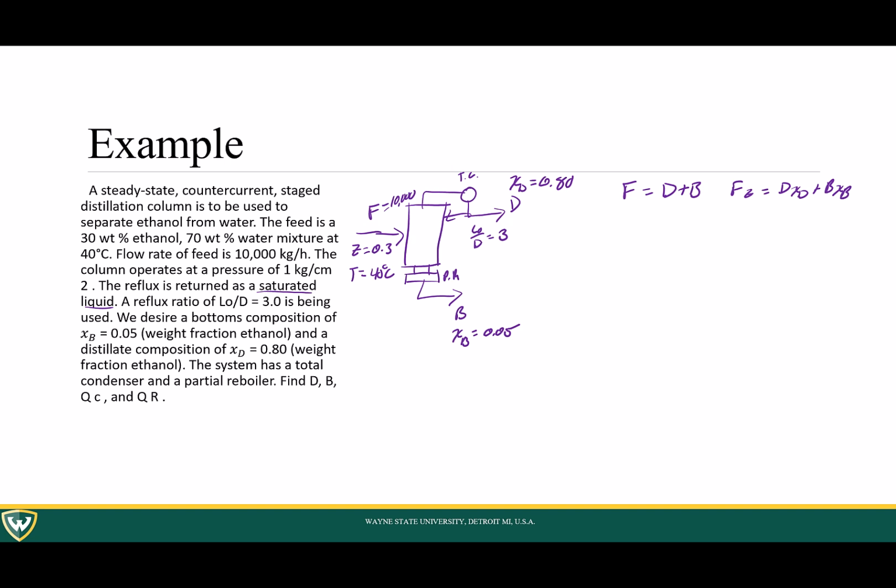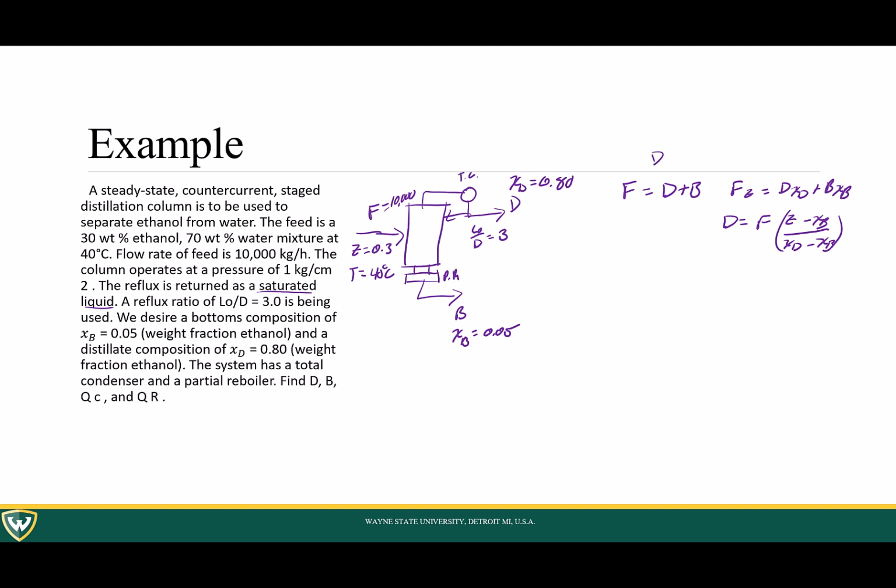Using the equation that I had showed you previously, we can end up solving for D and getting that D is equal to F times Z minus, I think it was, X_B over X_D minus X_B. And then again, you can always just solve.